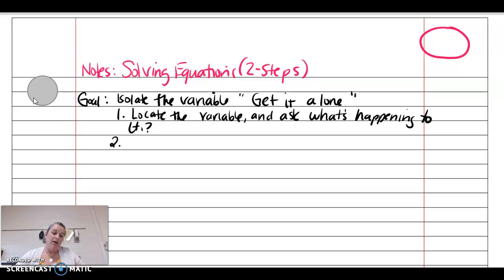Once you find out where it is and what's happening to it, you're going to undo what's happening to it by following the order of operations backwards.